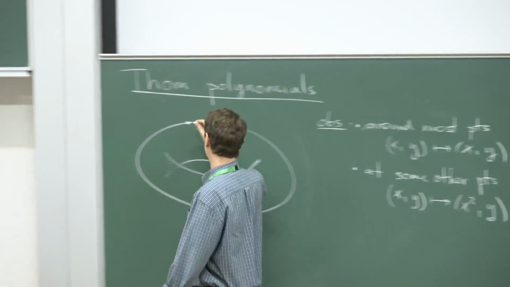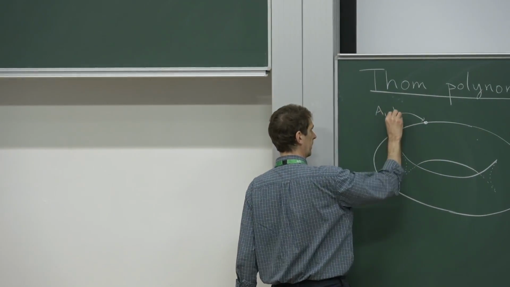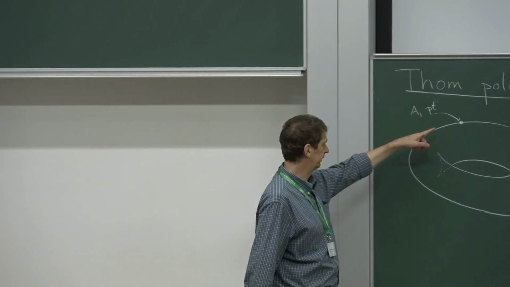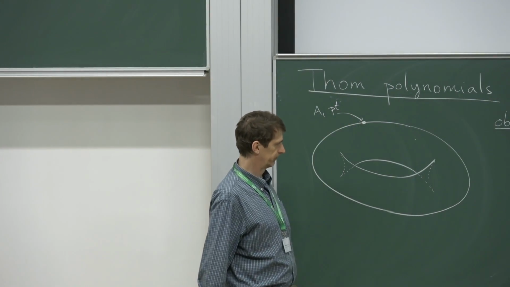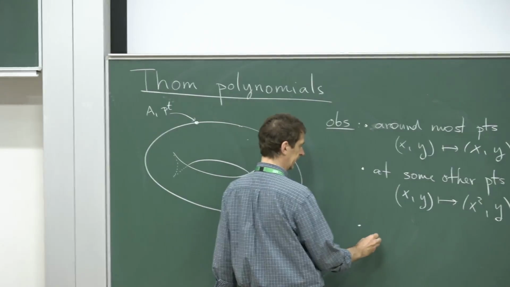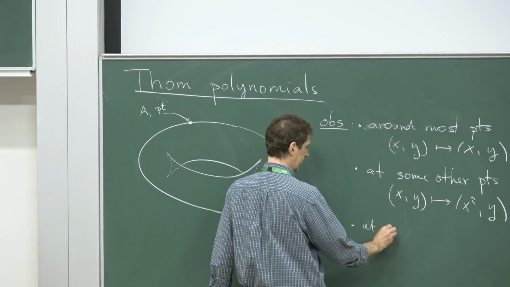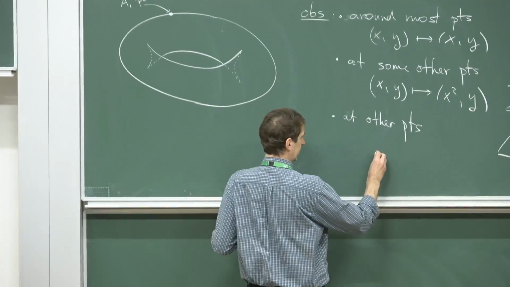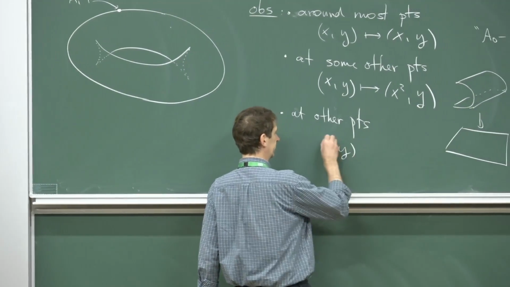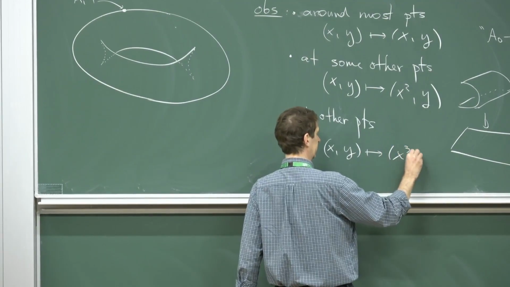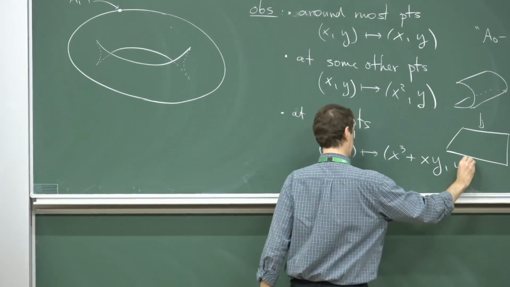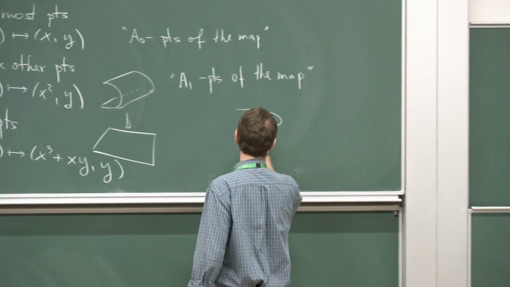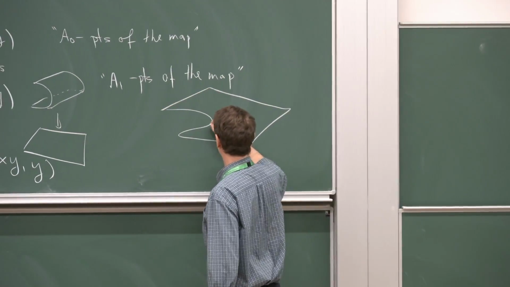And for example, this is an A1 point. Again, in my setup, this is on the torus, not at the target. And even at certain other points, the coordinate system can be chosen such that the map looks like this: x cubed plus xy, comma y, and the picture would be this.